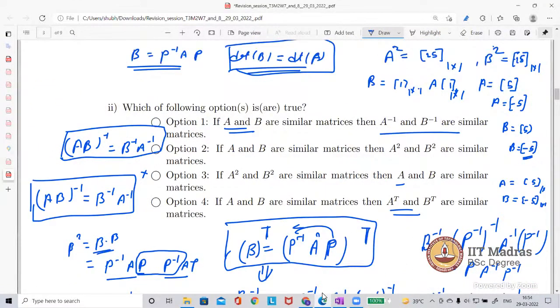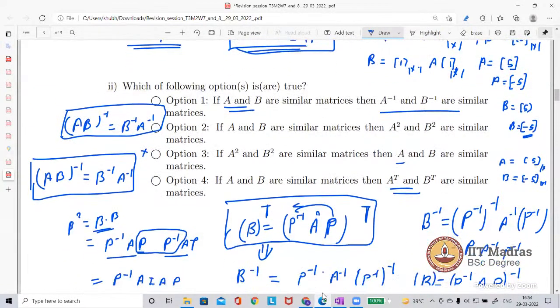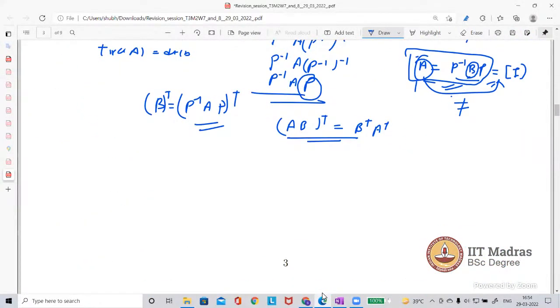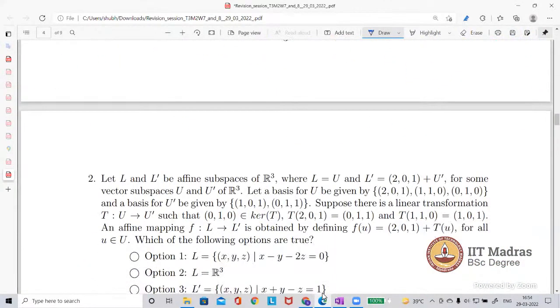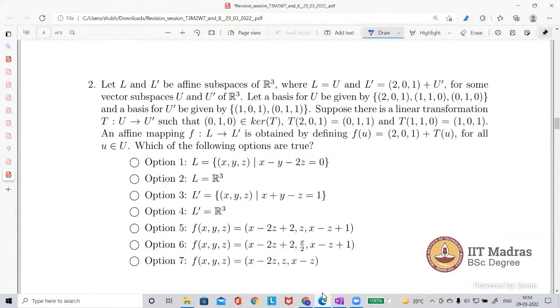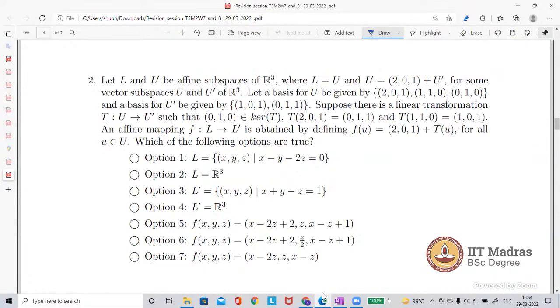Hope many of you are getting what we are discussing. All of you, not many, all of you. Let's solve the next question, which is on affine, and may be very helpful for you in the end sem. Also, if you go through the mock, there is a question on affine.